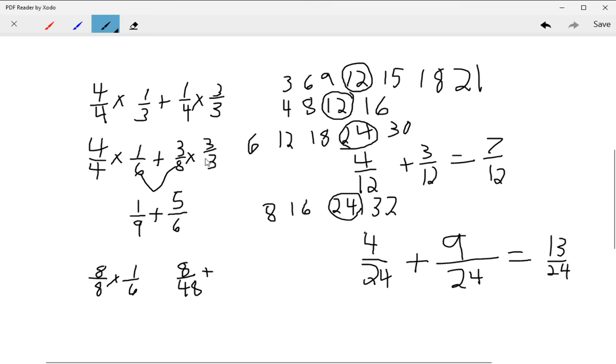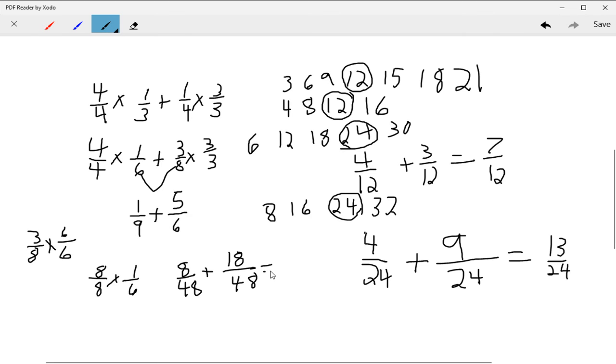I'm sorry if this is getting a little cluttered, there is a lot of writing. So 3 times 6 is 18, and 8 times 6 is 48.